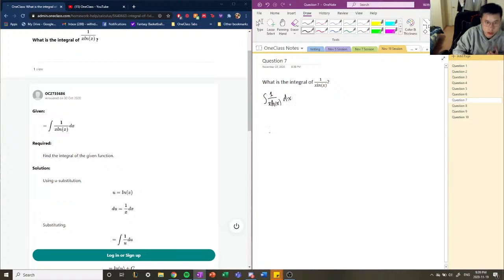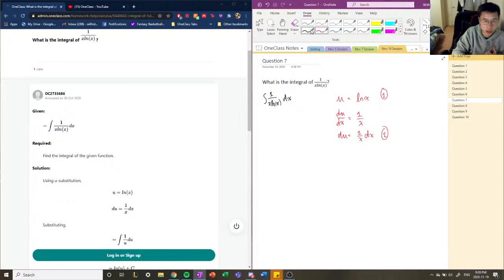According to this, right? Let's say variable u is equal to ln x. So that means that du over dx would equal 1 over x, which could alternatively be written as du equals 1 over x times dx. Okay, so these are our two equations here.